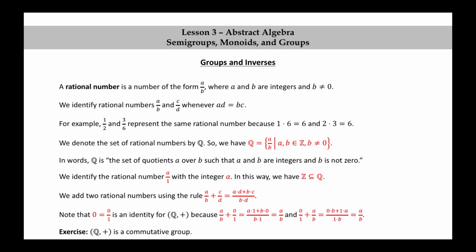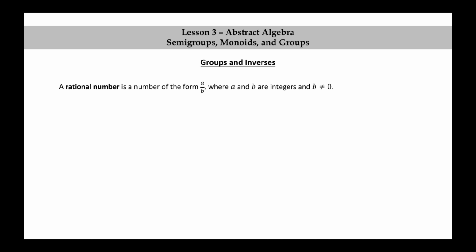As an exercise, you should show that the set of rational numbers, together with addition, is a commutative group. We multiply two rational numbers using the rule a/b times c/d is equal to (a times c) over (b times d).